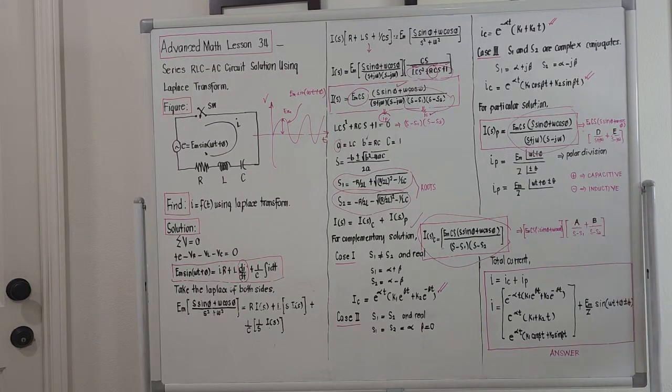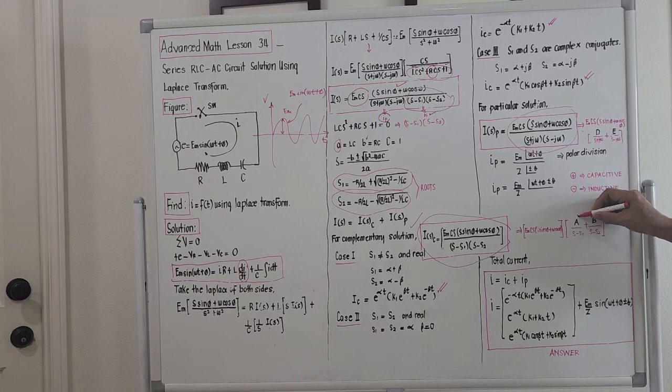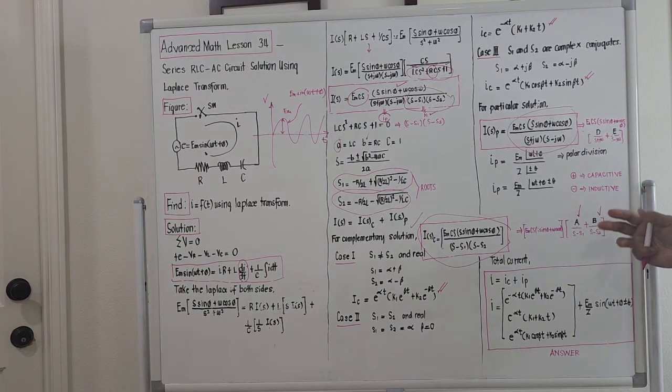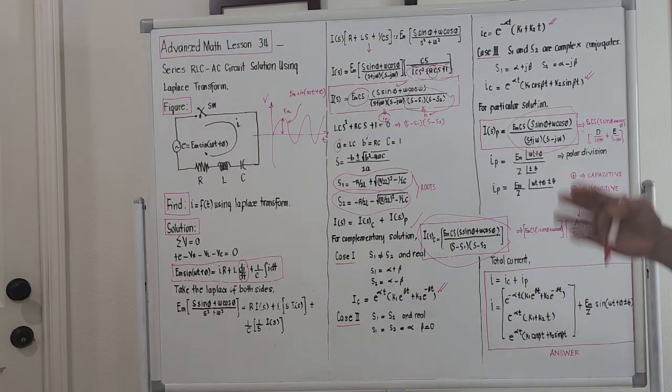So meaning, to compute for the value of I sub C, we must compute for the values of A and B, then do some algebraic manipulations to arrive at the so-called complementary solution.